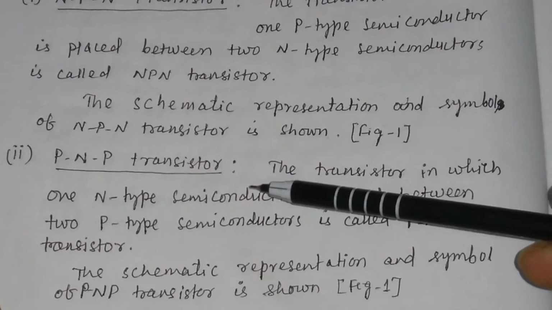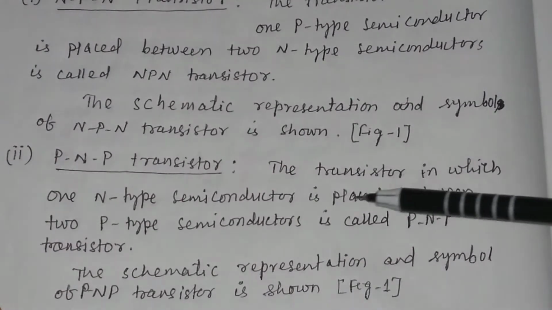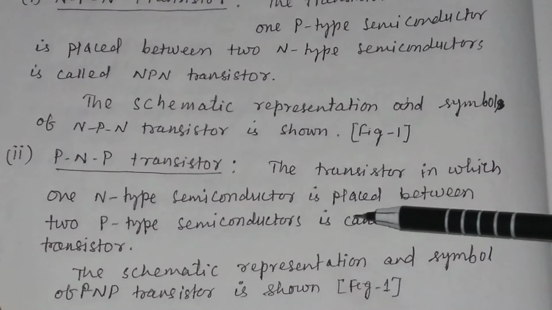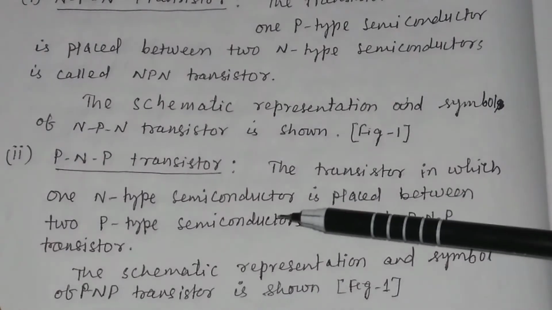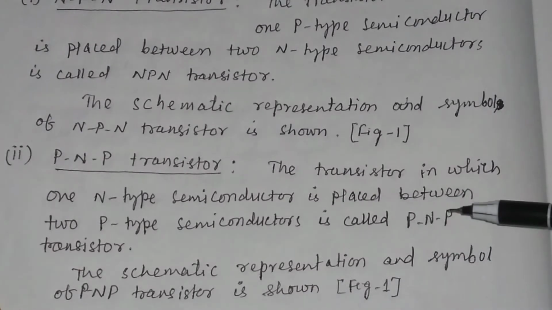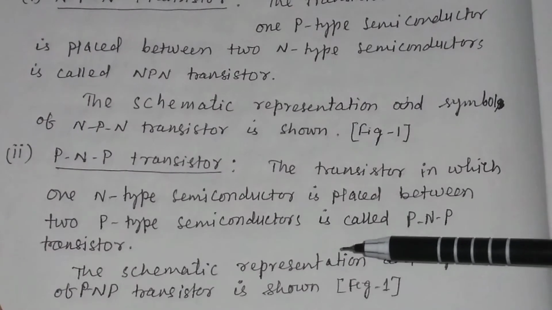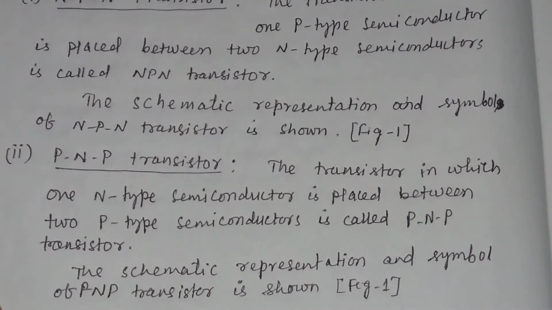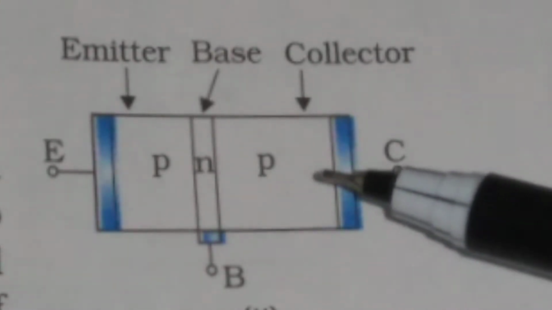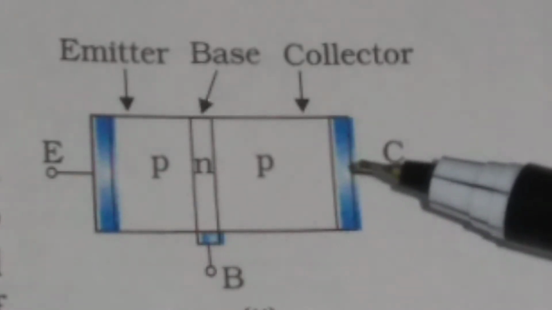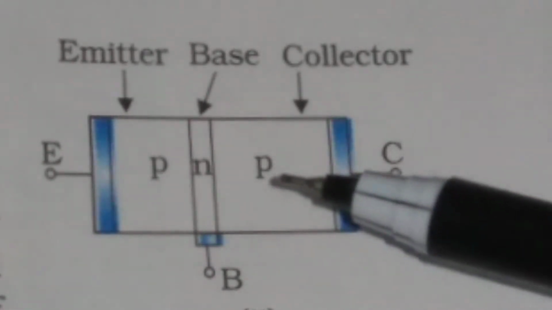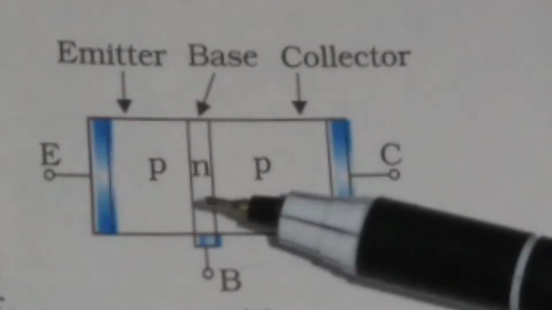Then the PNP transistor: the transistor in which one N-type semiconductor is placed between two P-type semiconductors is called a PNP transistor. We will see the schematic representation and the symbol for the PNP transistor. This is the schematic representation for the PNP transistor. Two PN junctions are doped. So there are two PN junctions.